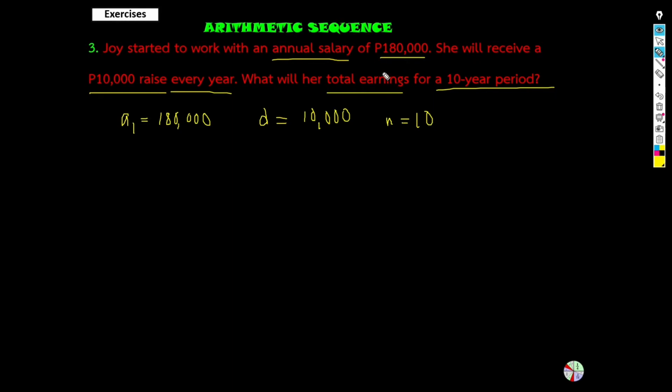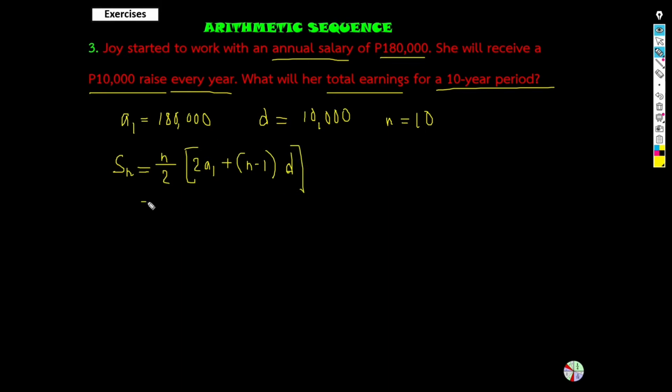When you see the total earnings, we use S sub n, which is the formula for the total of all the terms in an arithmetic sequence. So S sub n is equal to n over 2 multiplied by the quantity 2 a sub 1 plus the quantity n minus 1 times d.